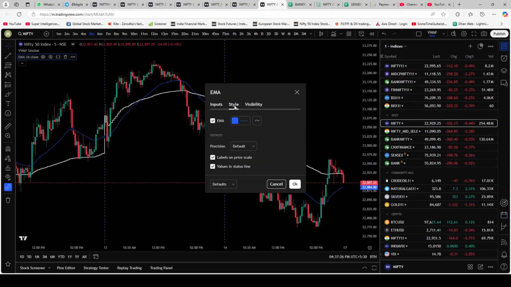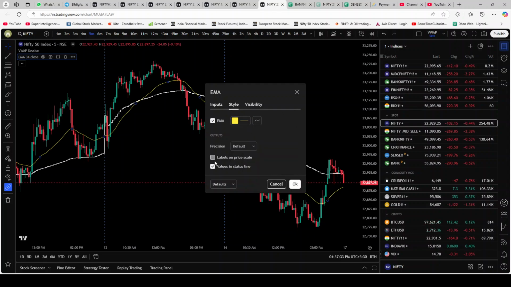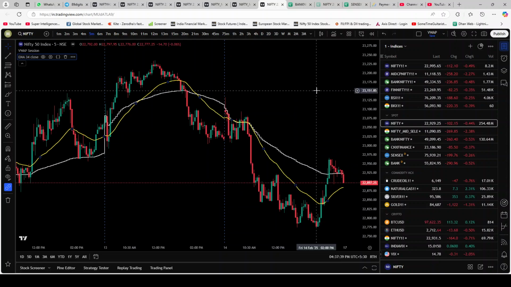All right, and style, say we will make this yellow so that it's a little bit more visible. We don't need these labels and values. So okay, we'll make this yellow. Say okay. Now you see, again, what we have done over here is we have added a double confirmation to take a VWAP trade.